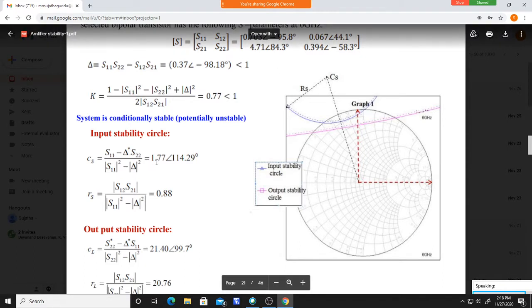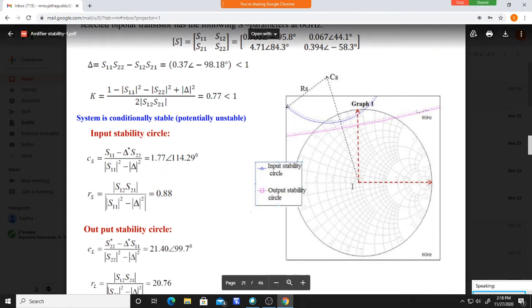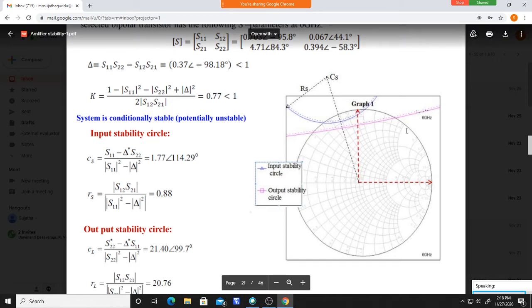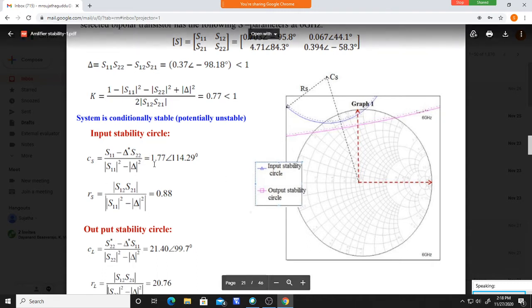Next, you should mark 1.77. As I said, you should first measure how many centimeters from here to here using a scale, and multiply this number by the number of centimeters.